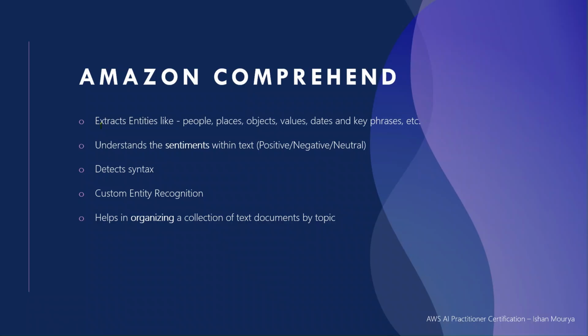So what it does is you have multiple text documents and you want to classify them. Okay. So in this case also, let's say you have a lot of reviews in text format, and now you have to classify the reviews, maybe just for positive or negative sentiments, which all are positive reviews, which all are negative reviews.